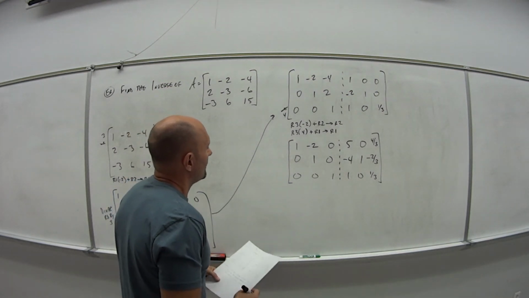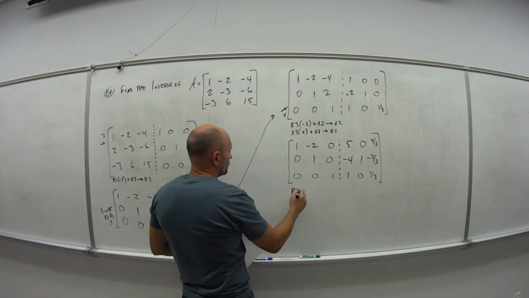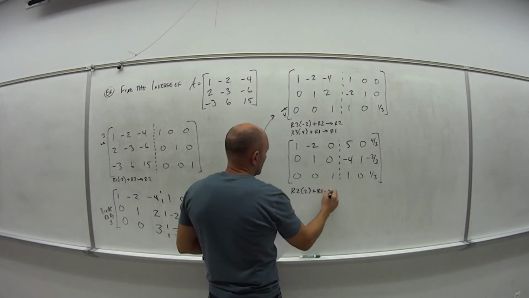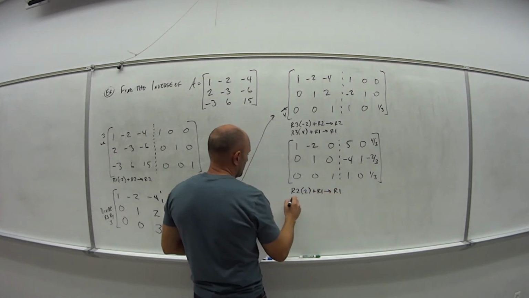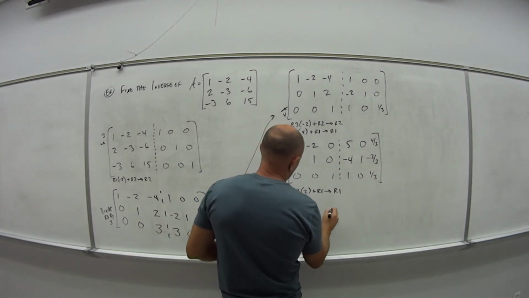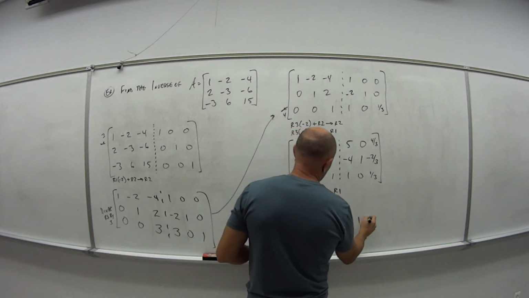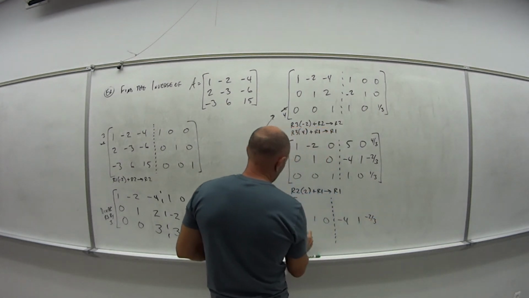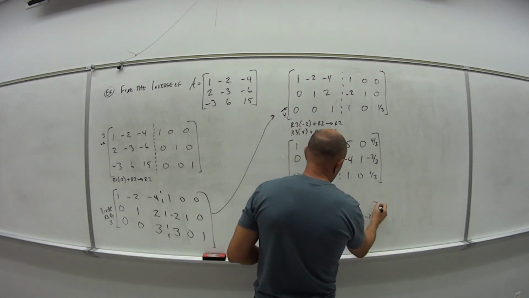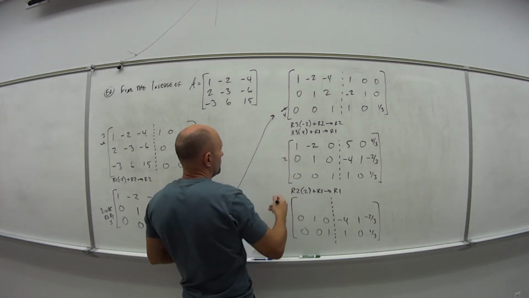All right, now all that's left is to get a 0 here, so I need to do what? Row 2 times positive 2 plus row 1 gives me a new row 1. So leave row 2 and 3 alone. So negative 4, 1, negative 2/3, 0, 0, 1, 1, 0, 1/3. The only thing I'm changing is row 1, multiplying row 2 by 2.